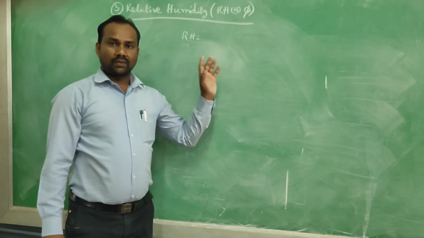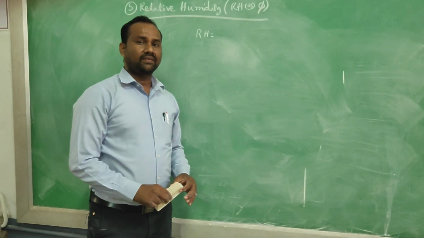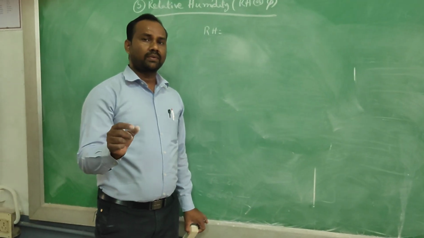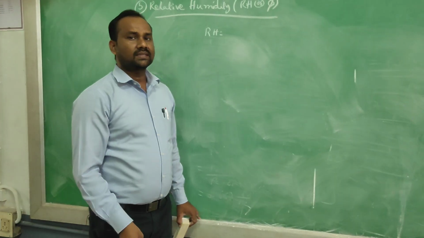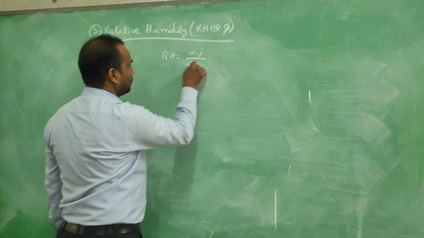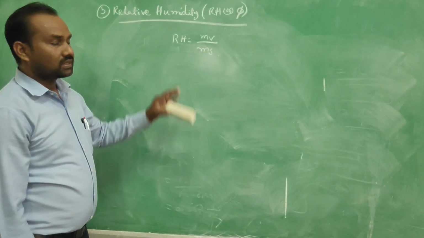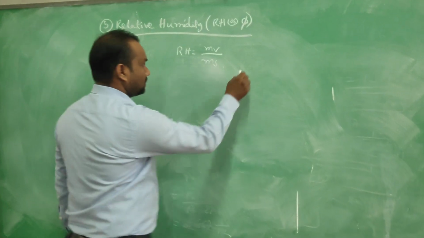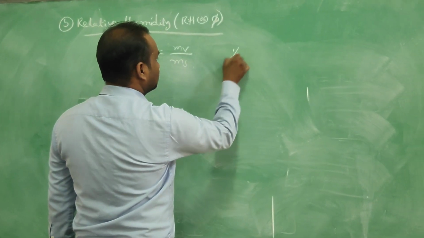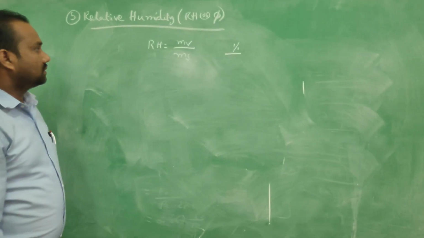That means if you take the ratio of the mass of water vapor for unsaturated air at a given temperature to the mass of water vapor when the same air is at saturated condition, that ratio is called relative humidity, and it is measured in terms of percentage. The relative humidity is expressed in terms of percentage, right?